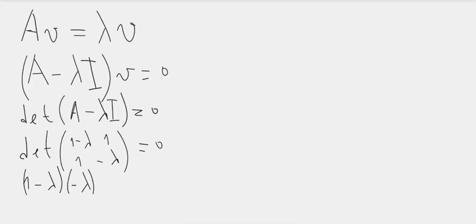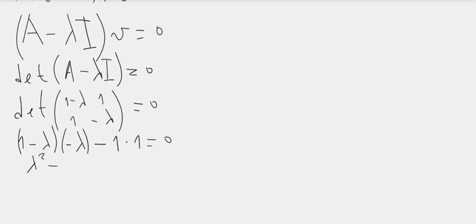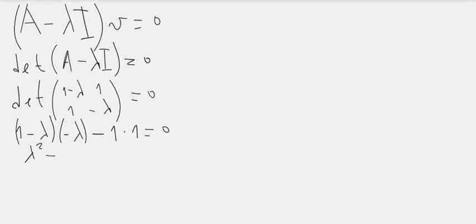So take the product of the values on the main diagonal minus the product of the other two numbers, so minus 1 multiplied by 1 equals 0, and this can be written as lambda squared minus lambda minus 1 is equal to 0.